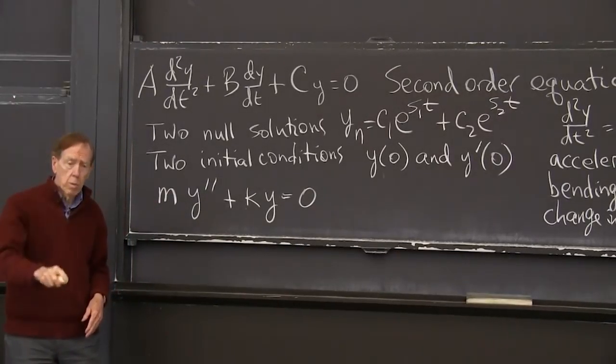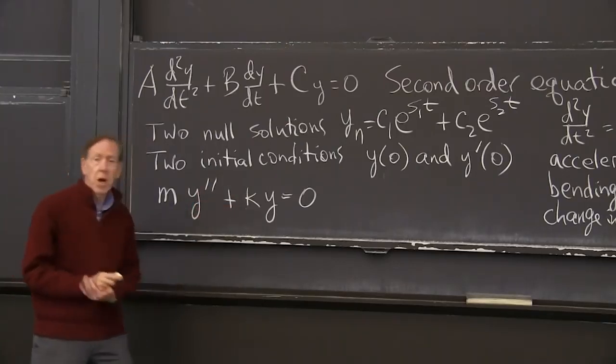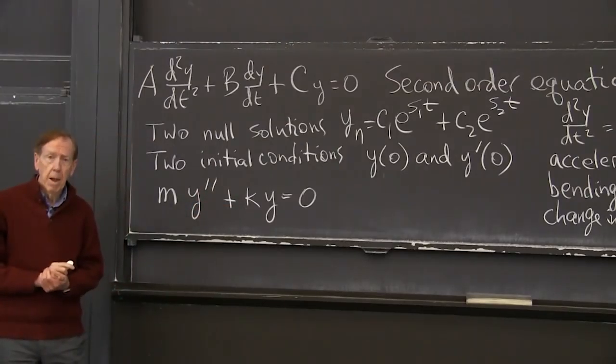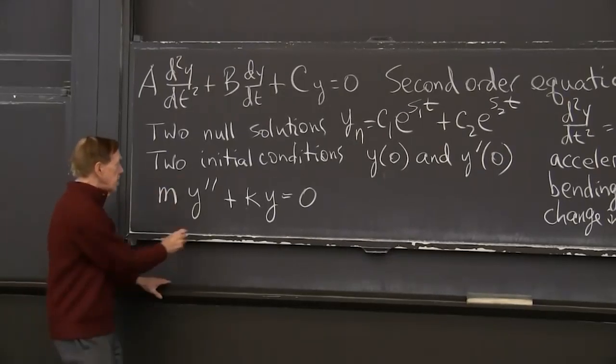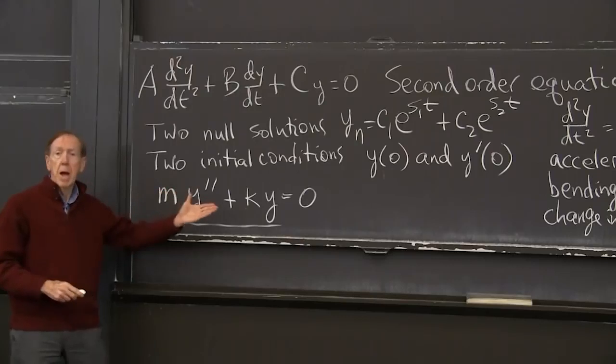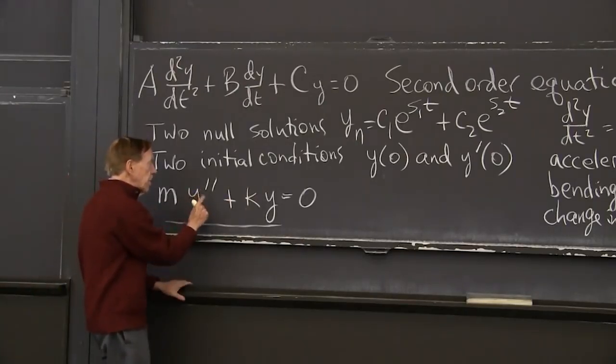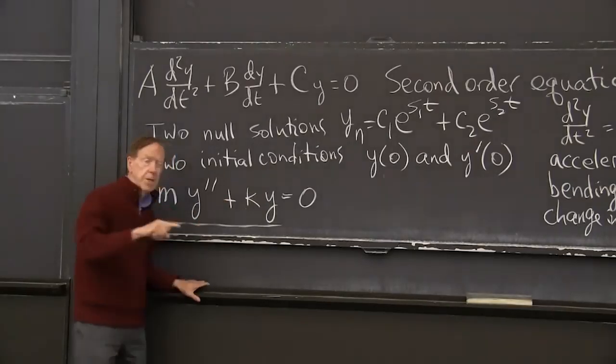And we'll see it. We want to solve that equation. So do we see solutions to that? If m and k were 1, suppose m and k were 1, I'm looking for a second derivative plus the function equals 0.